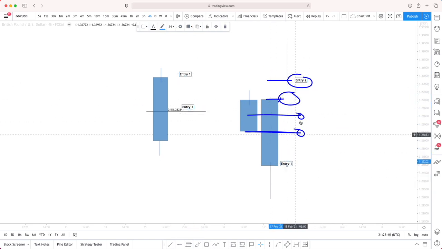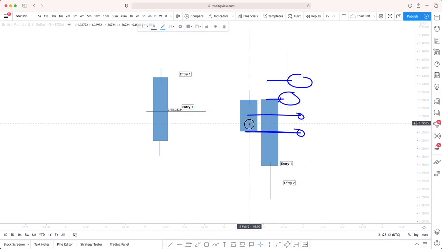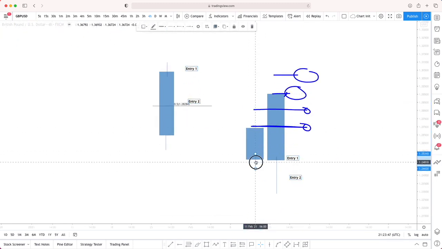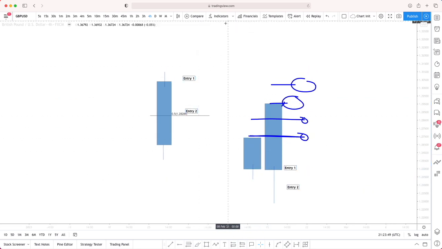So for a buy, you should add a pip or so, or whatever your spread is, to your entry, to make sure you actually trigger. In terms of stop loss you'll be fine, but for a sell you do need to add a pip or so to your stop loss to cover the spread. But that's the basic entry to where you'll place your orders.